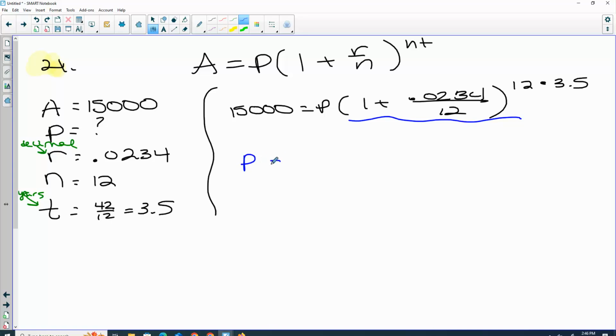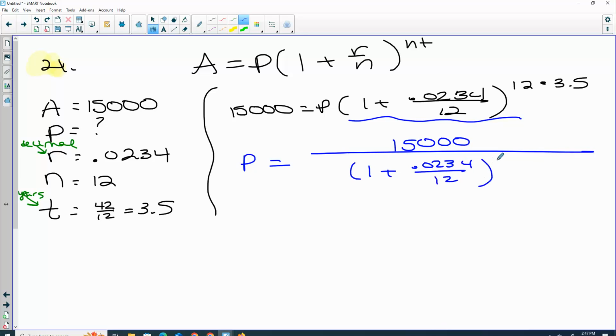We could just get P by dividing that whole thing over and type everything into our calculator at once, which might just be the easiest option. Otherwise, just make sure you're leaving a few decimal places when you work that original part out, because it doesn't work nicely. So I have 15,000 divided by all of that. P is a dollar amount, so you want to round 2 decimal places. So we have $13,821.56.